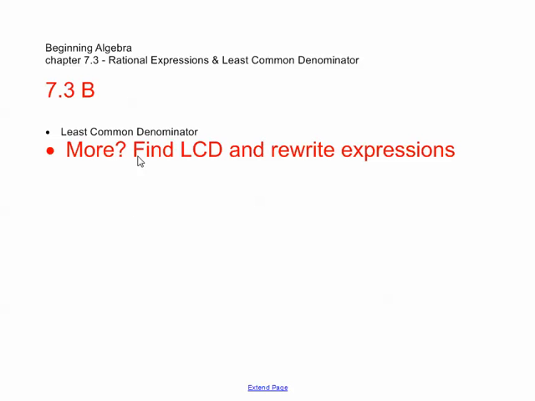If we're going to find the least common denominator, we have to list our least common denominator by, number one, factoring the denominator.